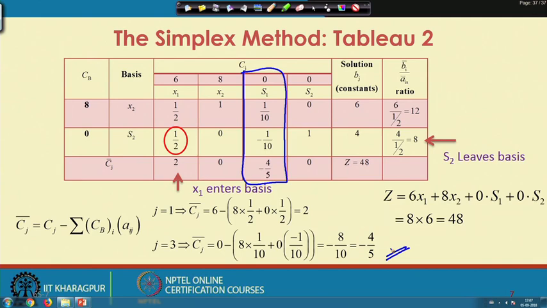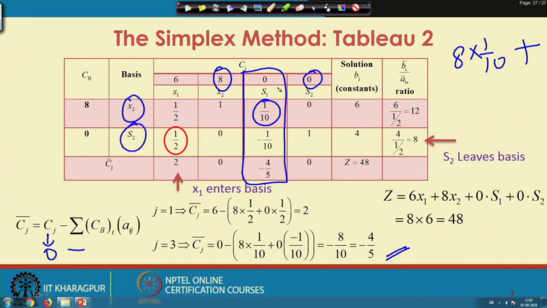For this S1, Cj equal to 0 minus sum of those two terms: 8 into 1 by 10 plus 0 into minus 1 by 10. So, if you simplify it will be minus 4 by 5.